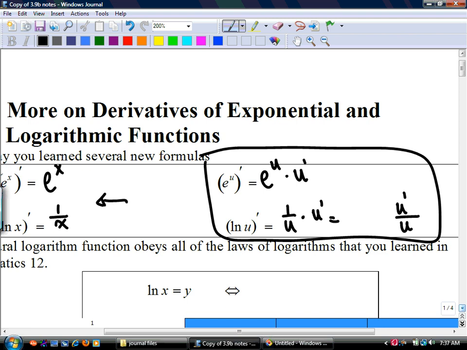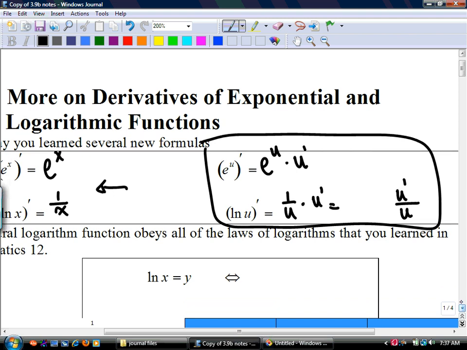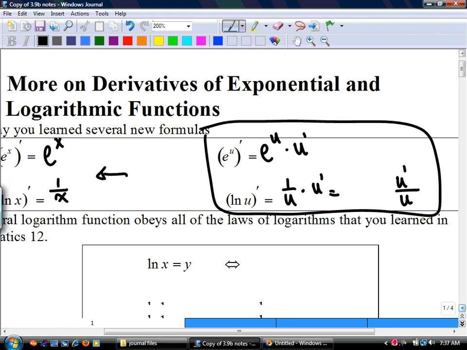Okay. Log rules. Do we need to do those? ln x equals y is the same as x equals e to the y. One's logarithmic form, the other one's exponential form. ln 1 is 0, ln e is 1.